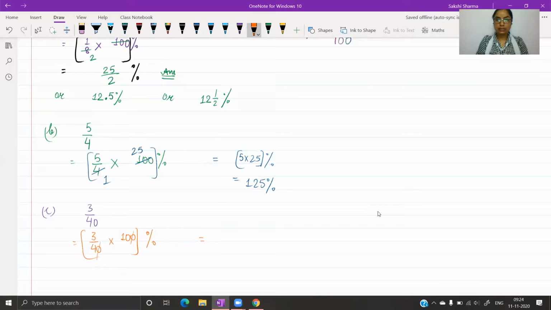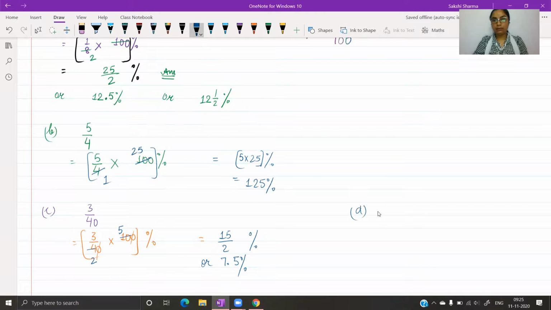So 0 can be cancelled here, and then I can cancel these two by 2. So I get 15/2%. Or you can write 7.5%. Completely up to you. You can leave your answer as an improper fraction.